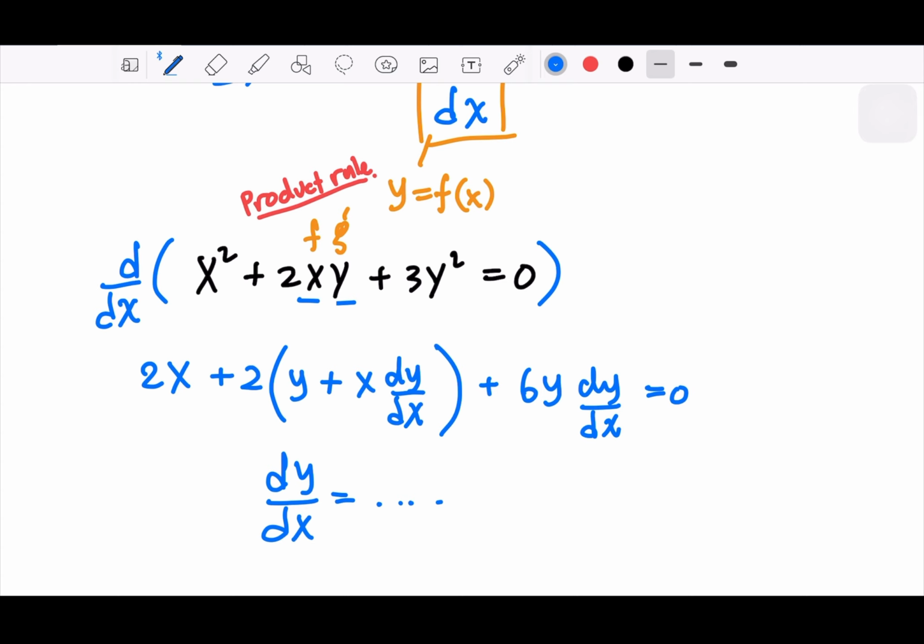And for further information from this dy over dx, if you need to find the second derivative, it depends on the function. If this happens to be some rational function, like f over g, then your second derivative will involve the quotient rule.